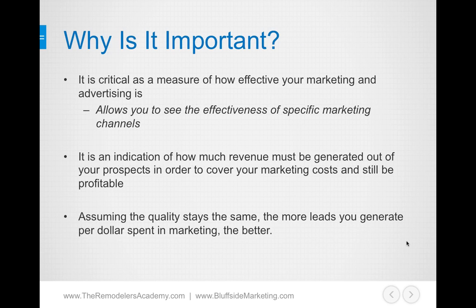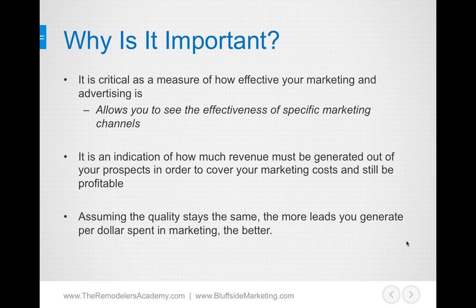Second, it's an indication of how much revenue must be generated out of your prospects in order to cover marketing costs and still be profitable. So if you're spending $100 per lead, you've got to do a lot better than that from revenue. Assuming the quality stays the same, the more leads you generate per dollar spent in marketing, the better.